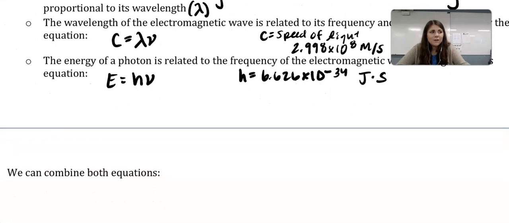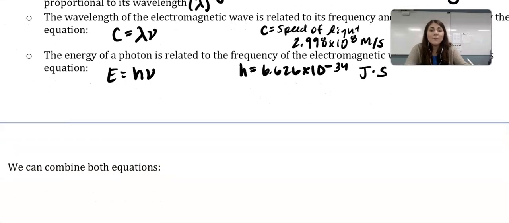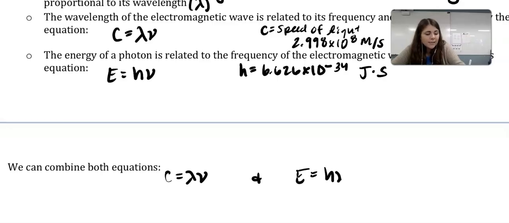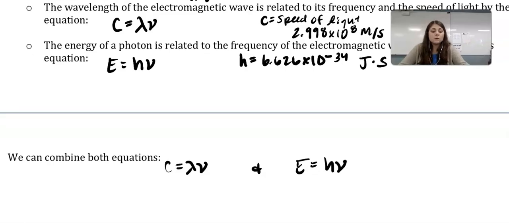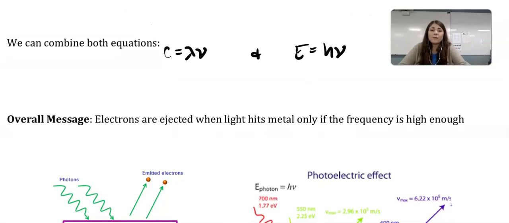All right, moving on, we actually can combine both of these equations because there are going to be times when you're given a wavelength and you're trying to figure out how much energy that is. Let's say we were only told the wavelength and we didn't know the frequency.